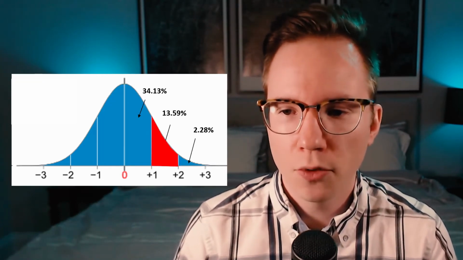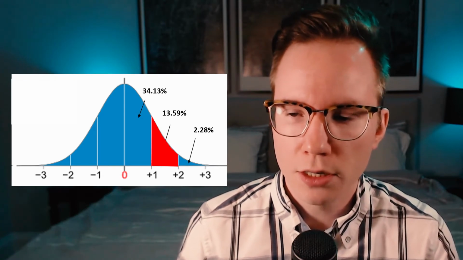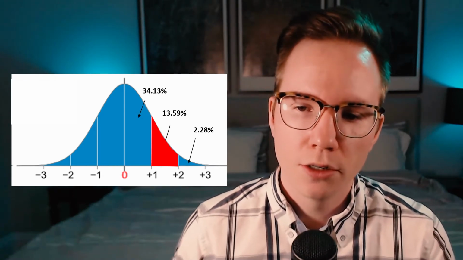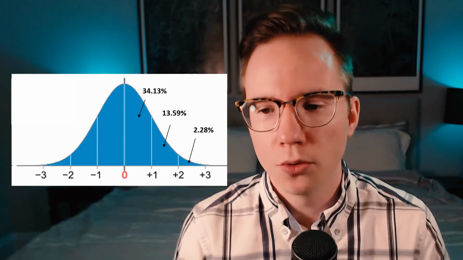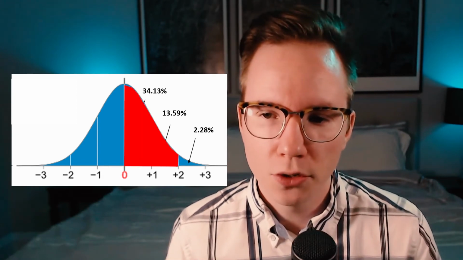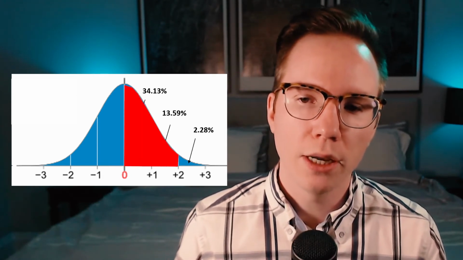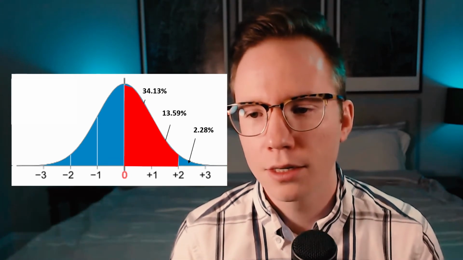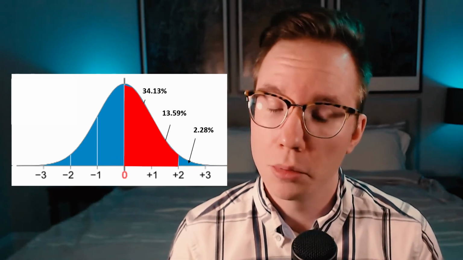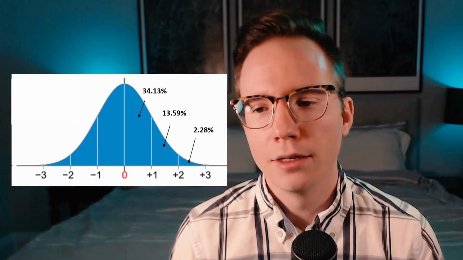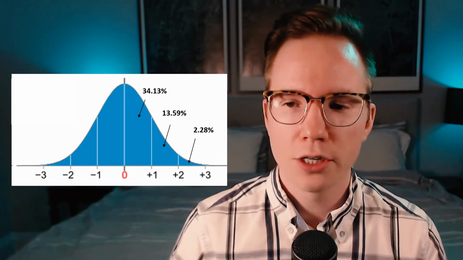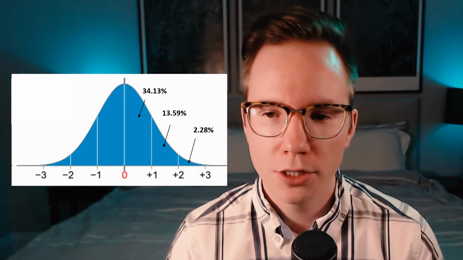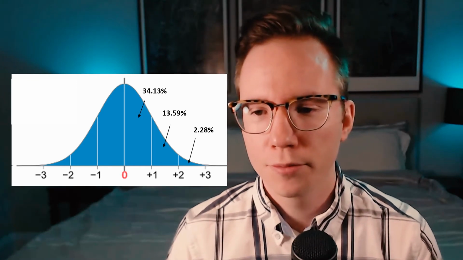From positive 1 to positive 2 is 13.59. So the area under the curve between 0 and positive 2 is 47.72%. And again, for positive 3, you're just adding up all of those percentages of the area under the curve.